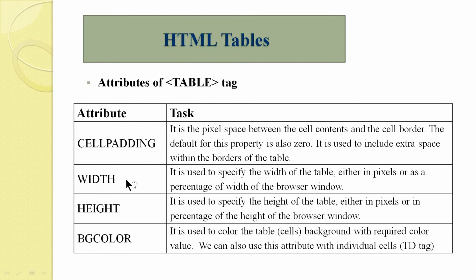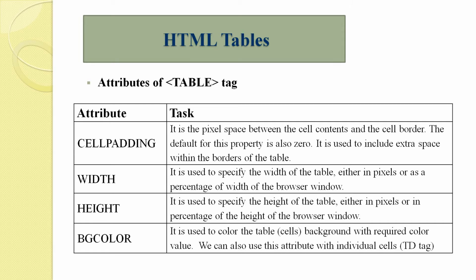Next attribute is width. This is used to specify the width of a table. This can be set in pixel format or percentage format. Coming to height, we can specify the height of a table. Even this can be set in terms of pixel format or percentage format.